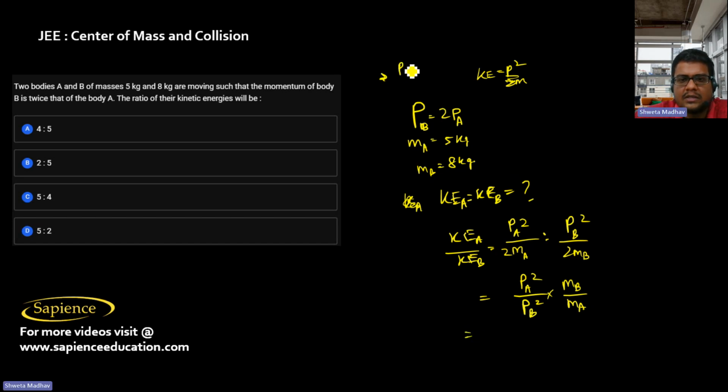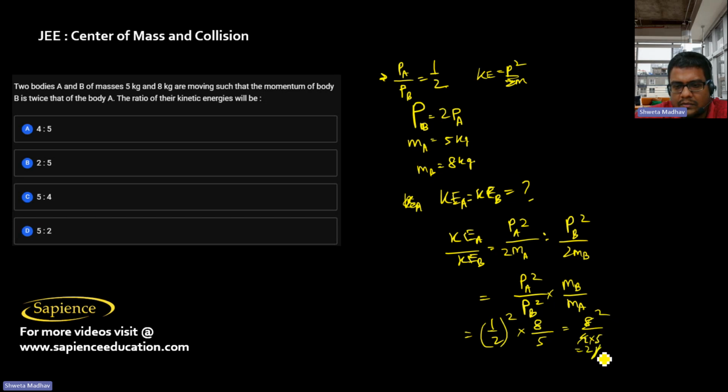So from here we can see that PA by PB will be equal to 1 by 2. This is 1 by 2 whole square into MB, that is 8, and MA, that is 5. This will be 8 by 4 into 5. So 4 2s are 8, that is 2 by 5. It means the required ratio will be 2:5. Option B is the correct answer.